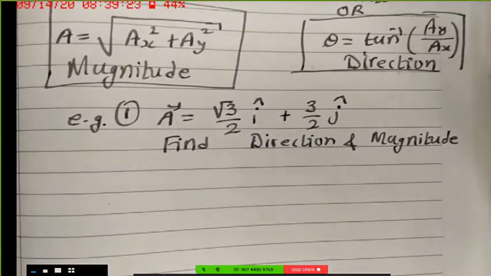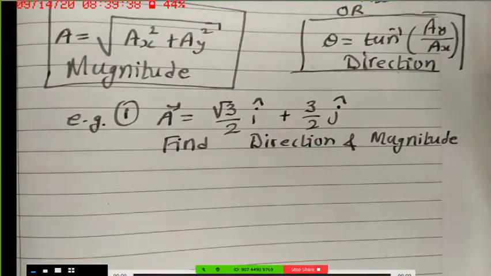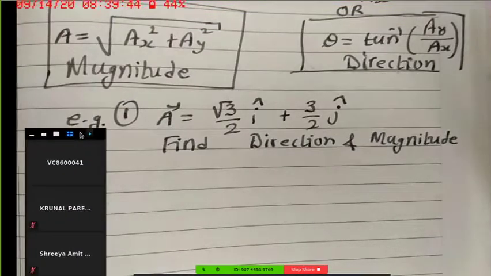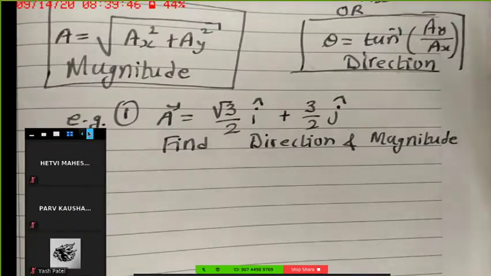You have to do it. Done, sir. Okay. Don't reveal the answer. We are still left with, I think, 10 minutes minimum. So I will randomly ask any of you to start your camera and show your calculation.